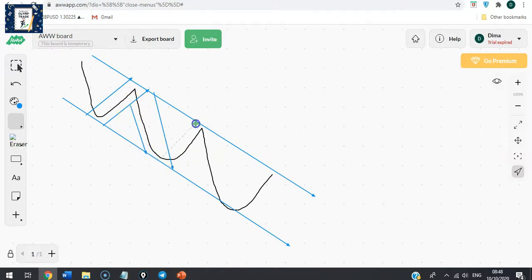And again the same. Within these channels we will have another trend, and the market will reverse, and another pullback trend.